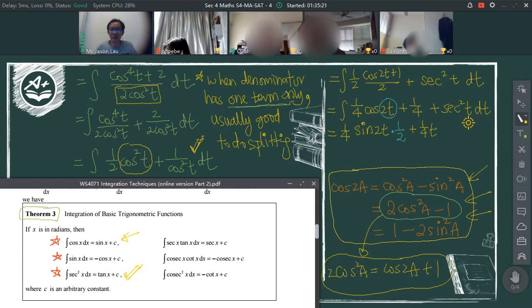Then lastly, secant square, we use the formula directly. No tricks. This one, use this formula. Yeah, so we get tangent t. Then plus c. Simplify a little bit, we get the answer.